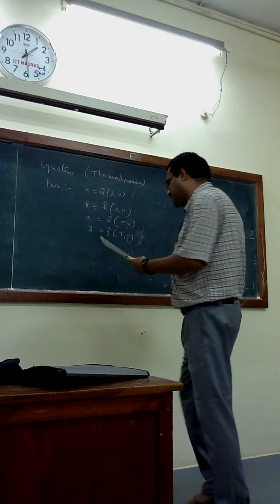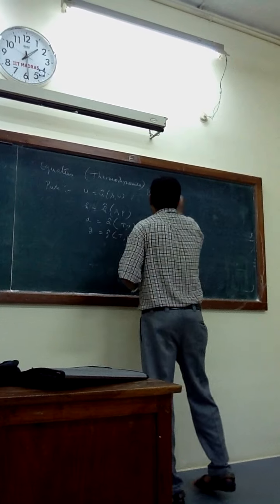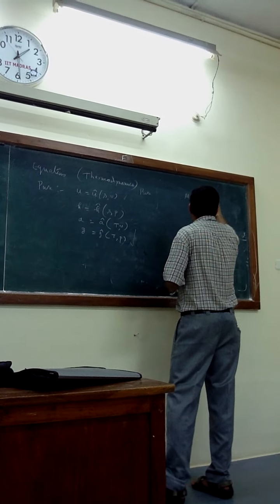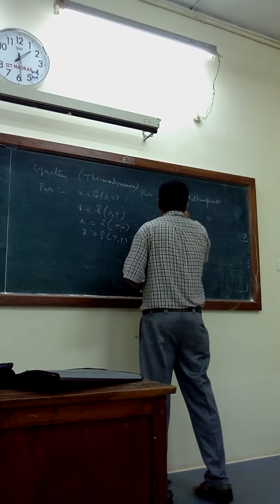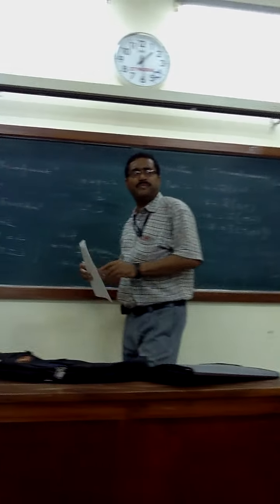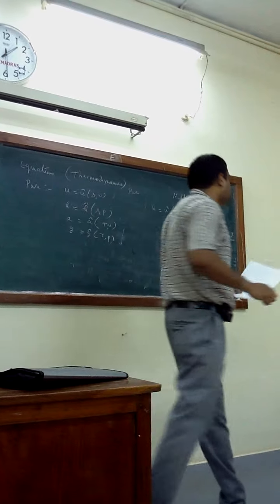That is for the pure substance. For the multi-component substance, we have U equals U hat of S, V, X1 to Xc minus 1.